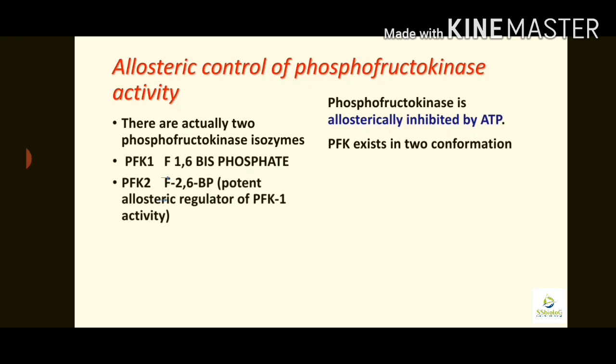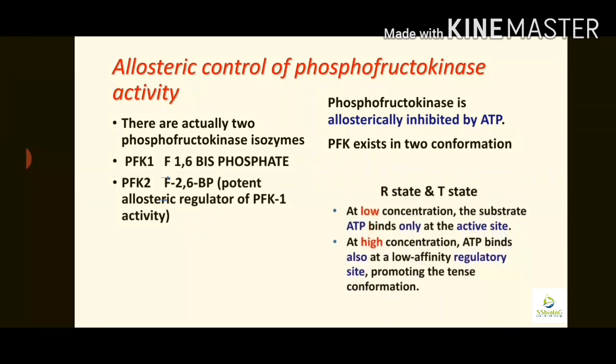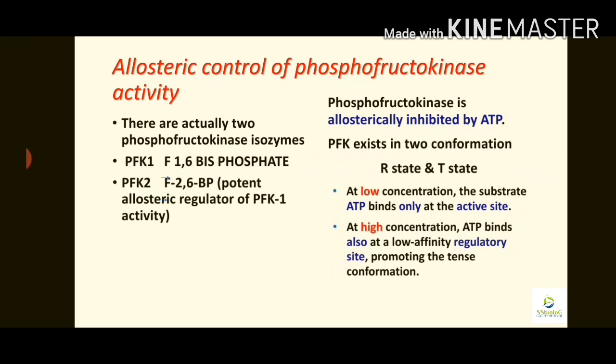PFK exists in two conformations, that is the R state and the T state. The R state is thermodynamically stable, and in this state the enzyme works at its optimum capacity. The T state is not thermodynamically stable, and that is why the enzyme does not perform at its optimum level, or becomes inhibited, in the T state.